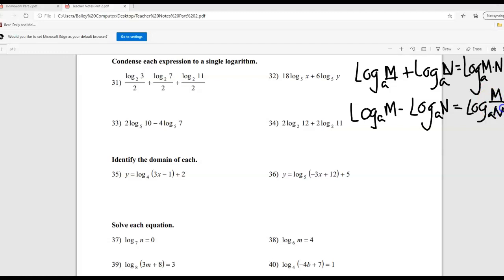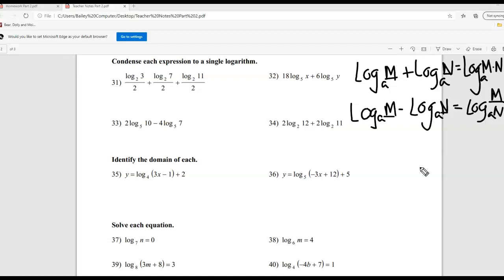Now, you got to be careful with this one because the order matters. Whichever one comes first, like the m is first on the left and the n is on the right, or in other words, the log with the base a of n has the negative in front of it, right? The one that's the positive log has the argument go on the top, so the m goes on top, and the log that's negative, its argument is the one that goes on the bottom whenever you set it up.